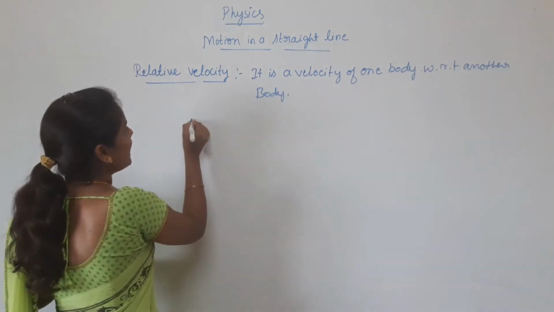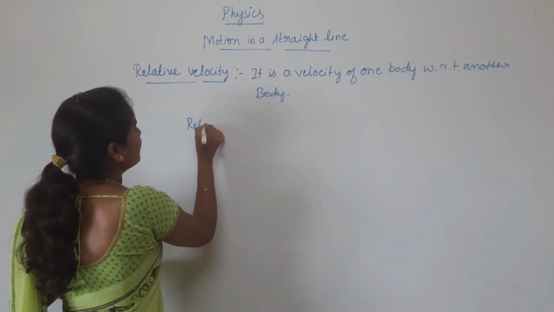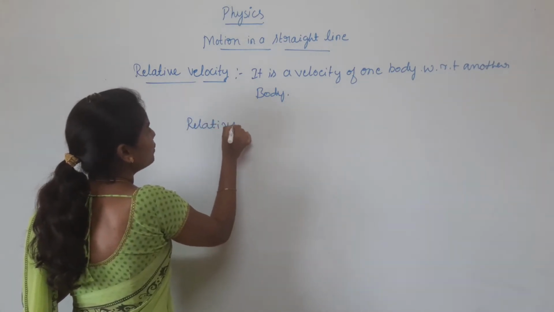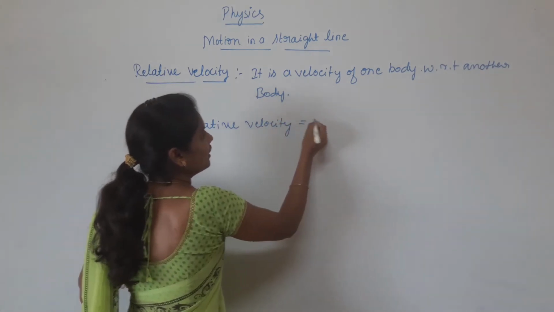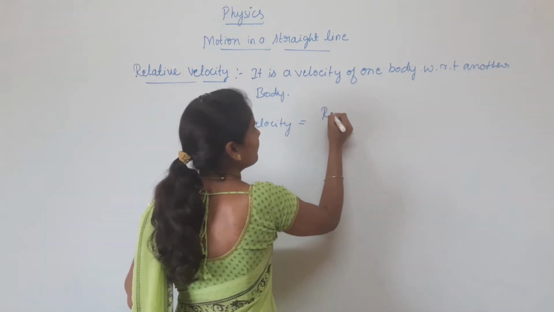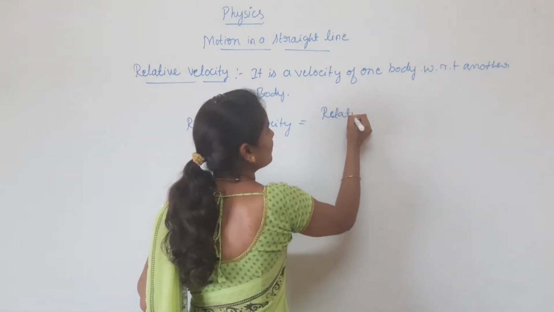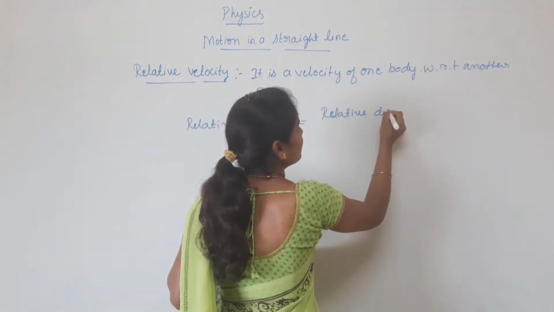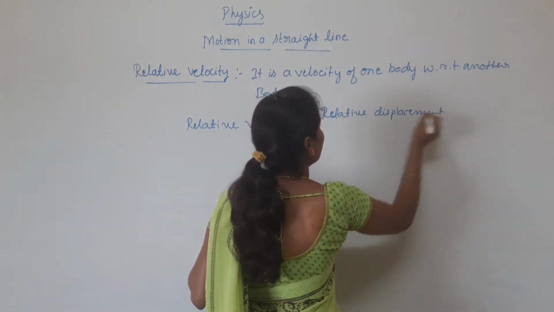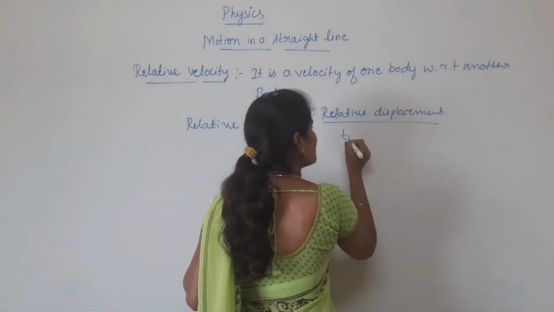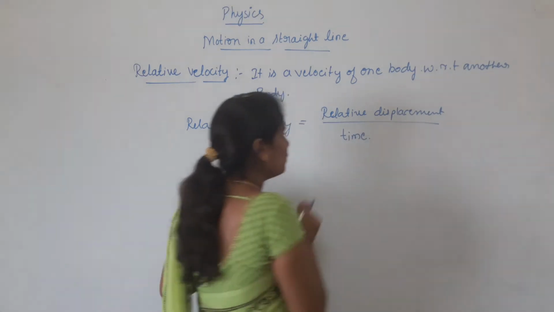Relative velocity can be defined as relative displacement divided by time.